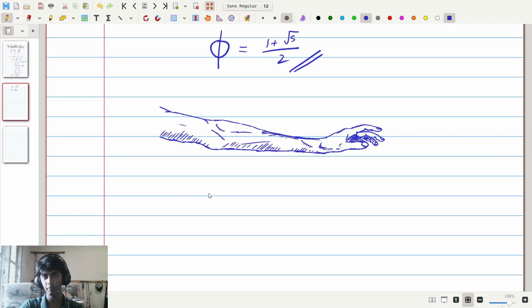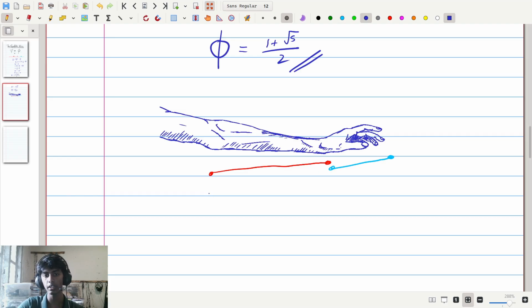So here's an example that you yourself can check out. Take your hand and measure the length from your elbow up to your wrist, and then your wrist up to the tip of your finger. If you measure these two lengths, you can see that this ratio is also approximately equal to the golden ratio.